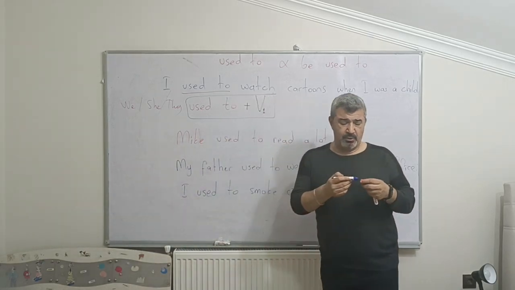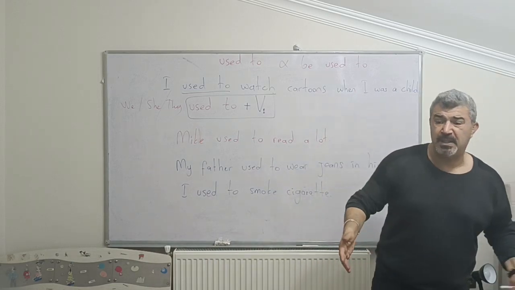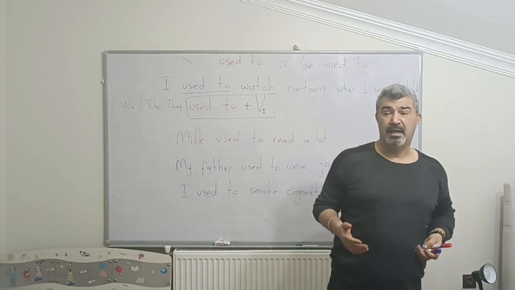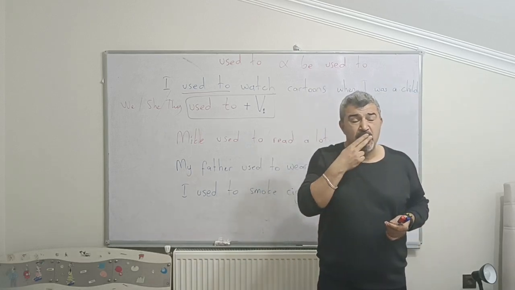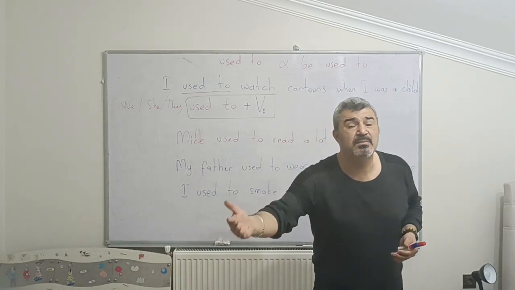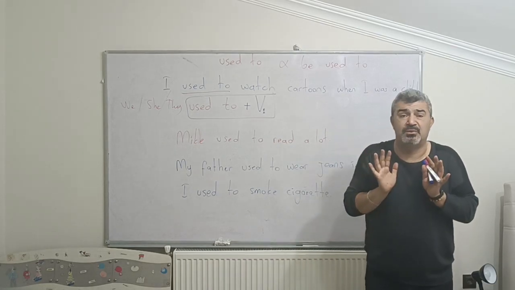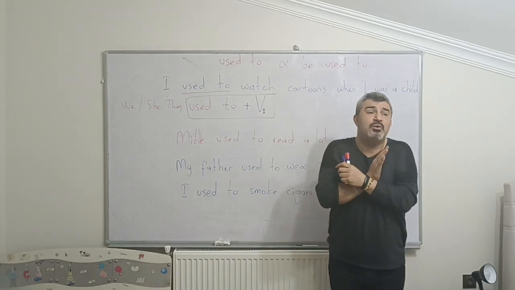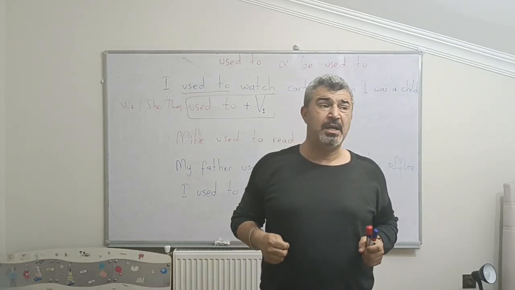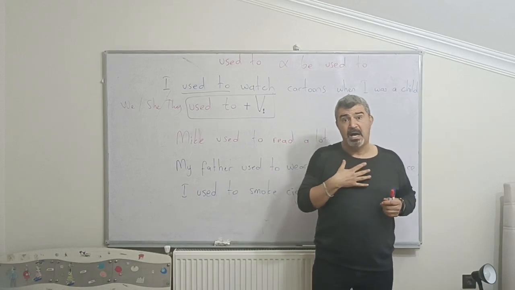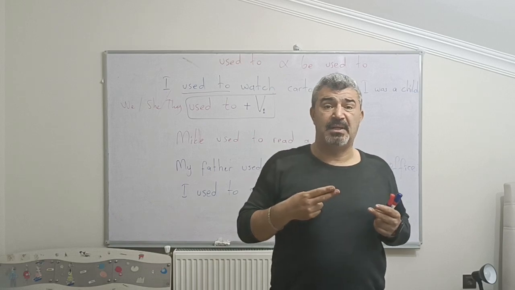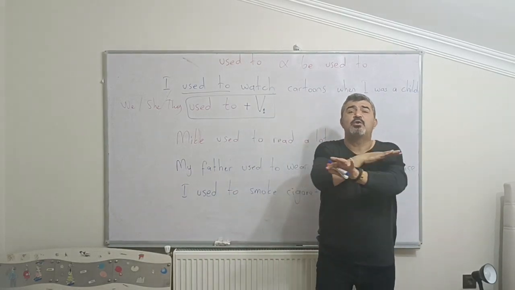For example, you sit at a table with your friend, you have a meeting or a good chat, and then your friend wants to smoke. He suggests, would you like to smoke? You say, oh no, I used to. When you say, no, I used to, it means I had a habit of smoking cigarettes in the past, but I quit it.